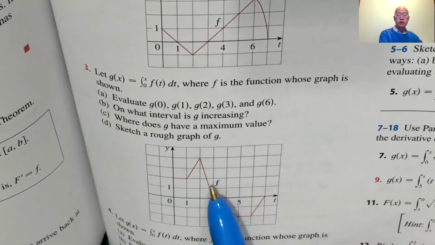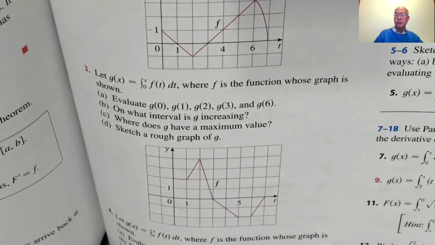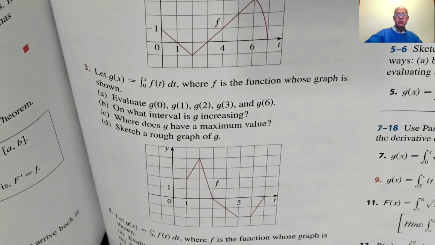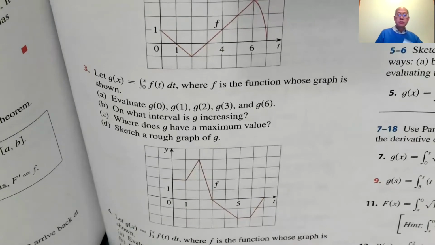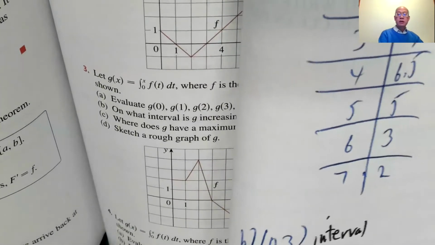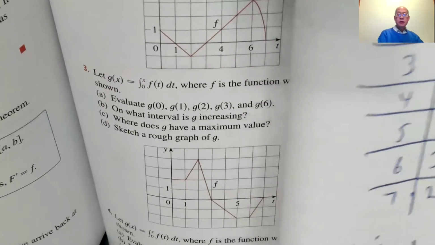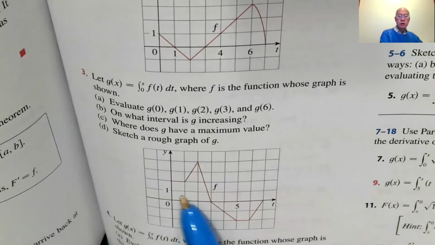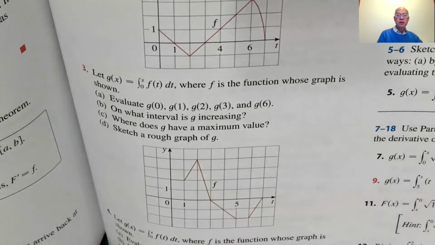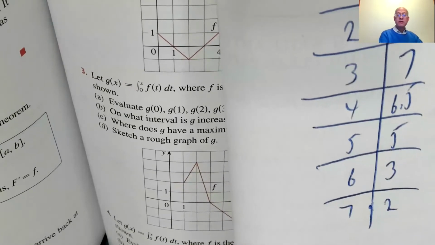So I add another 2. That's 1, 2, 3, 4 divided by 2, which is 2. So between 2 and 3, I add another 2. So grand total of 7. Then between 4 and 5, it looks like I drop down half a unit. So I lose half a unit, 6.5.